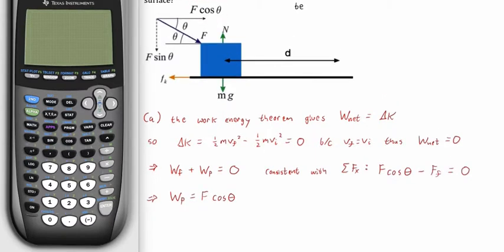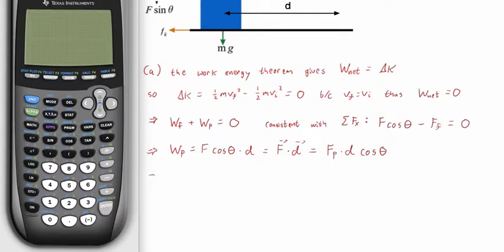Well, that's the parallel force to the displacement. And so that multiplied by d, and I'll say that that is the same as F dotted with d, because if we were to take the dot product, we would just get the pushing force, the displacement, and the cosine of the angle between the two, which is just cosine theta again. So it's the same thing, different order.